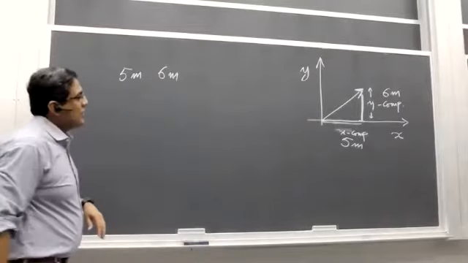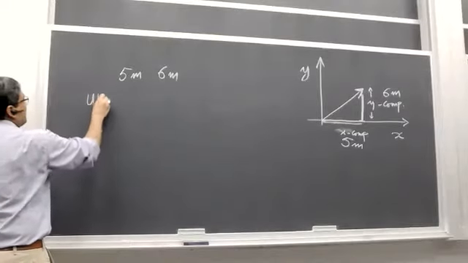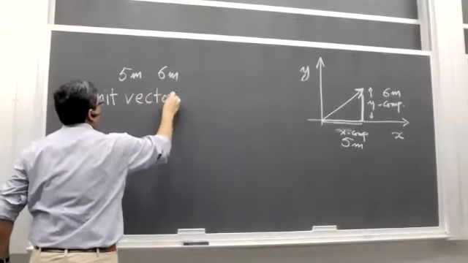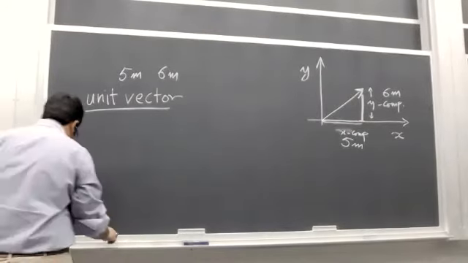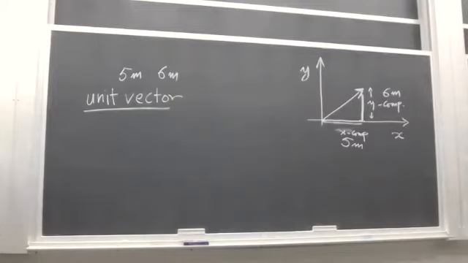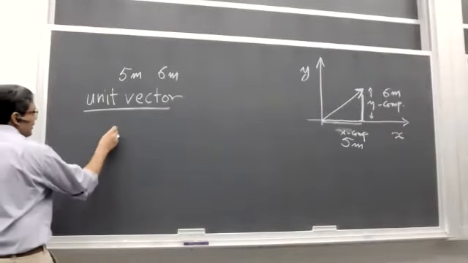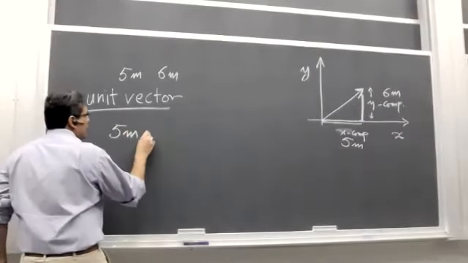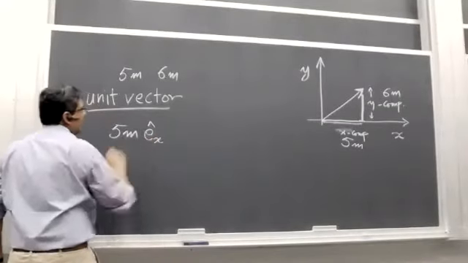To actually make sense of these, we introduce what is called unit vectors. Or if you are already taking linear algebra, you may learn these terms as bases, unit vectors or bases. So unit vectors would tell us that if you're going 5 meters, we denote them like this, and with a hat to indicate that they have unit magnitude.